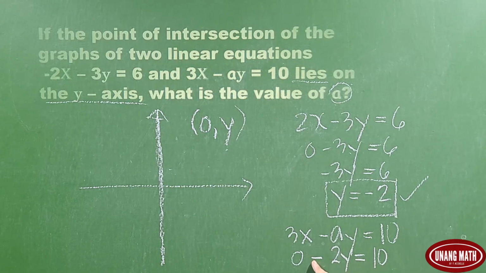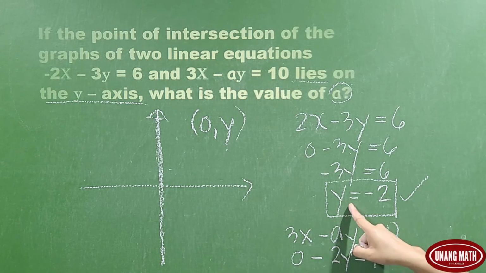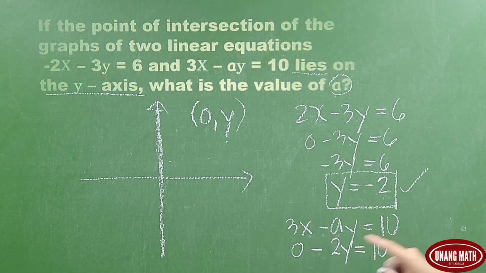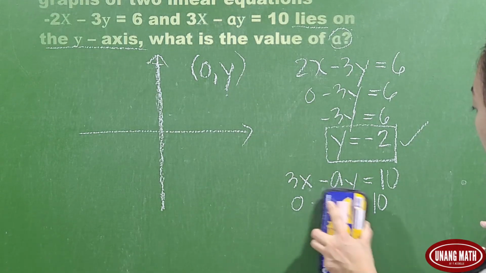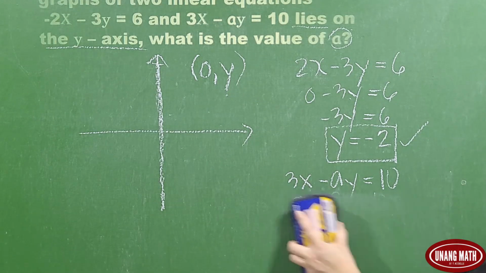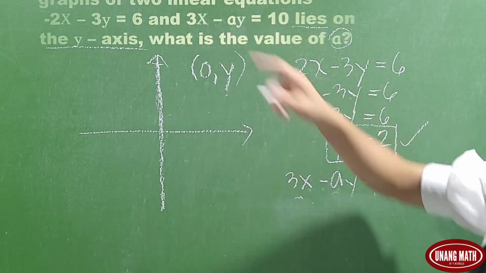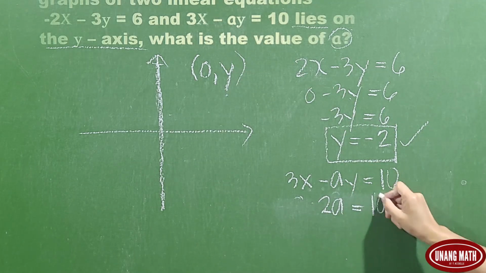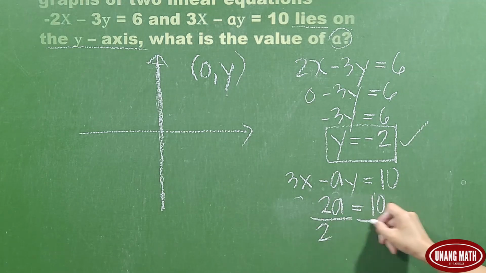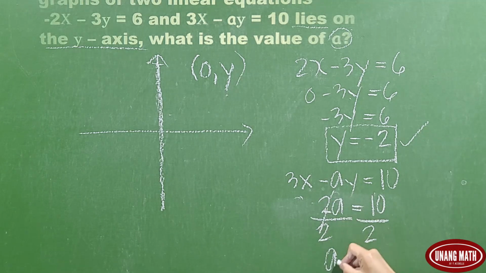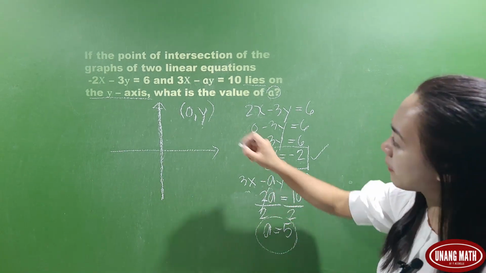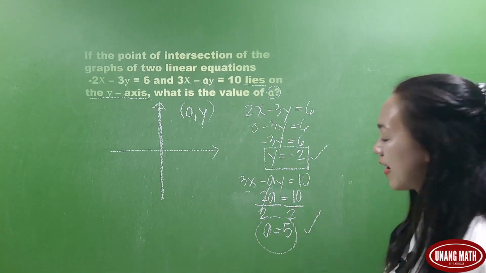So we have negative a times negative 2, that would be 2a. And this is equal to 10. So that means the value of a is 5. So in this problem, what is the value of a? It's 5.